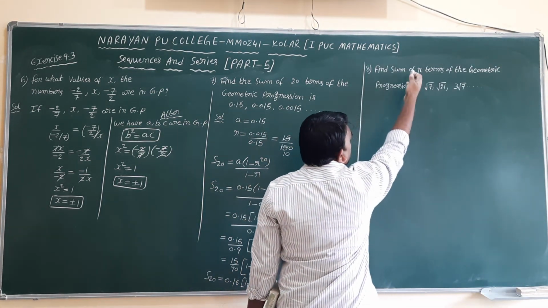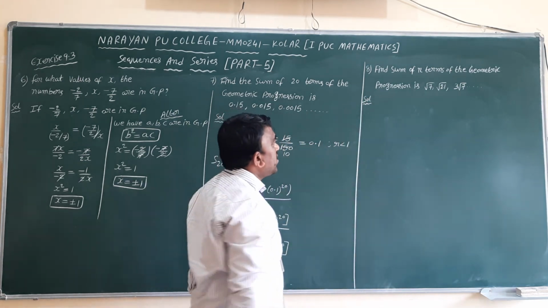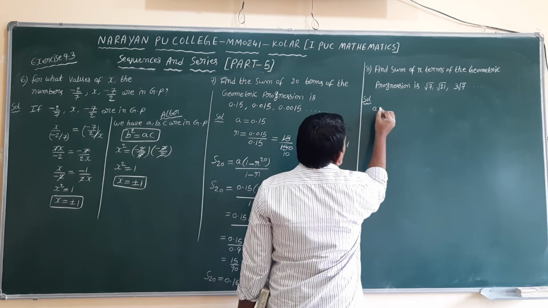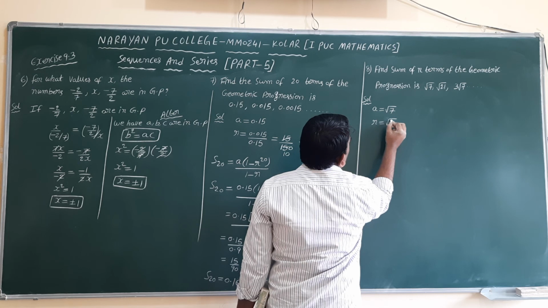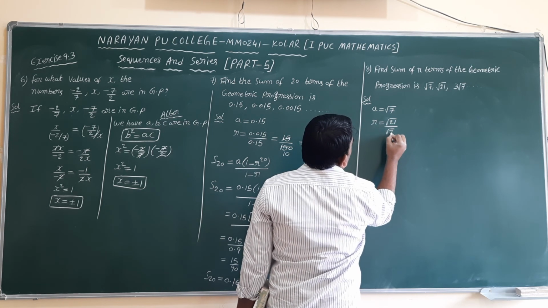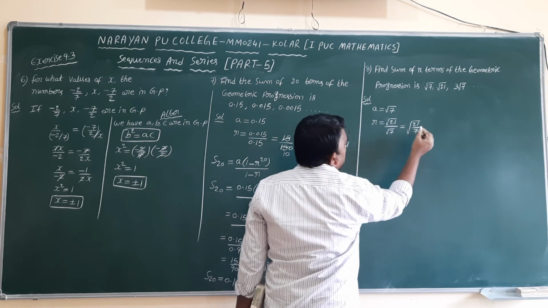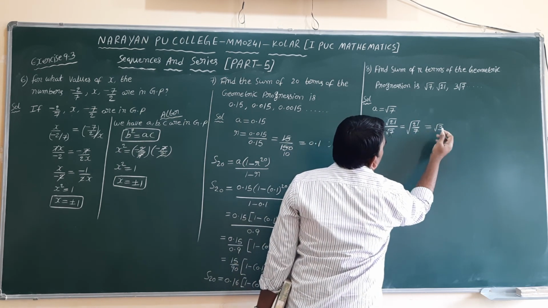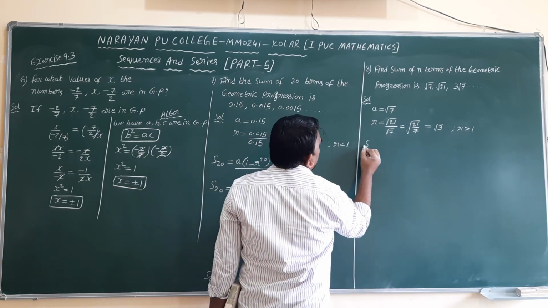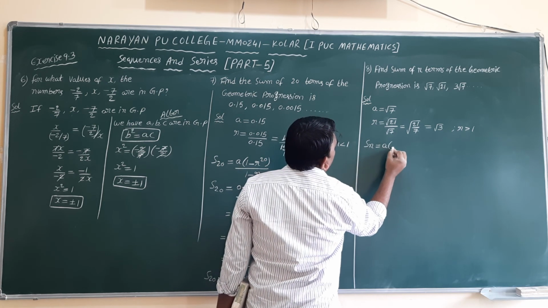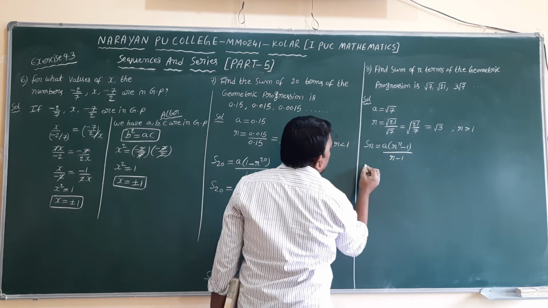Here for this series, sum of n terms is asked, Sn we need to find. They didn't give any particular term, Sn only we need to calculate. From this, first term is root 7, common ratio is second term divided by first term, so that is root 21 by root 7, root a divided by root b is root of a by b, so that is root 3. Root 3 value is positive only, r is greater than 1. So Sn equal to a into r power n minus 1 divided by r minus 1, that is the formula.